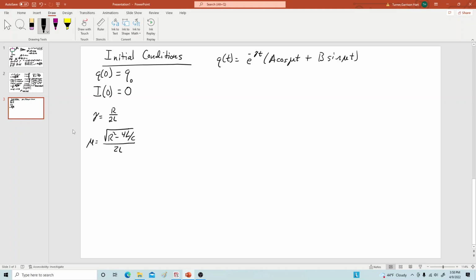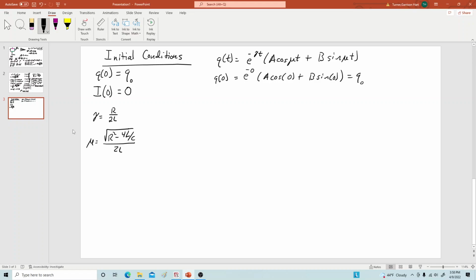So I can set t equal to 0, and at that time, e to the negative 0 times A cosine of 0 plus B sine of 0 has to equal the initial charge Q naught.